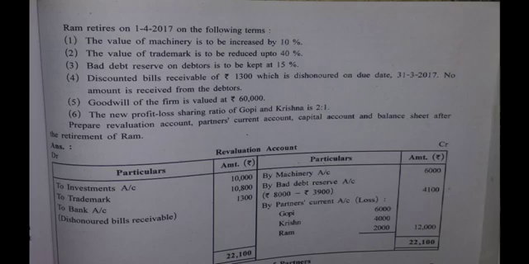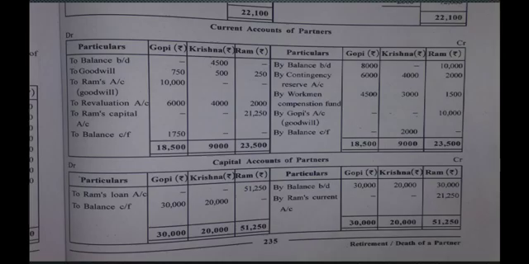Alright, so this is going to get transferred to partners' current accounts. Yes? In partners' current accounts, you can see on the debit side it is written to revaluation account 6,000, 4,000 and 2,000. Alright? Fine. Then comes the step for totaling the current accounts of partners.